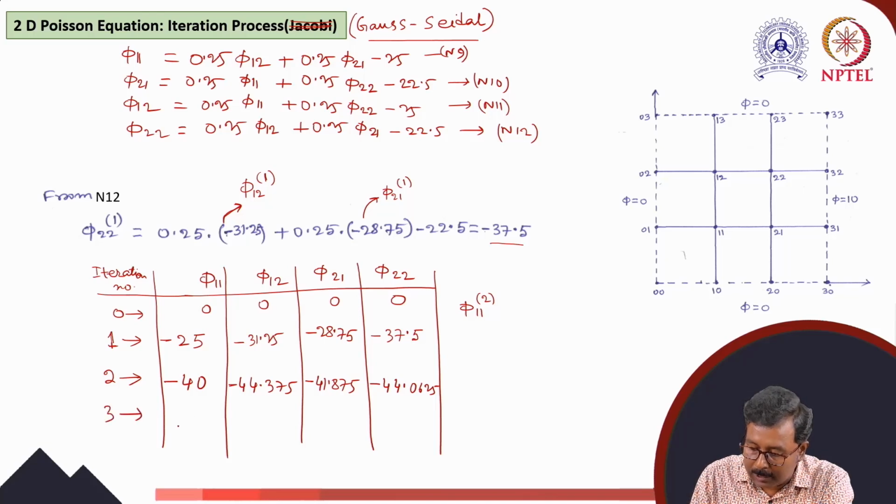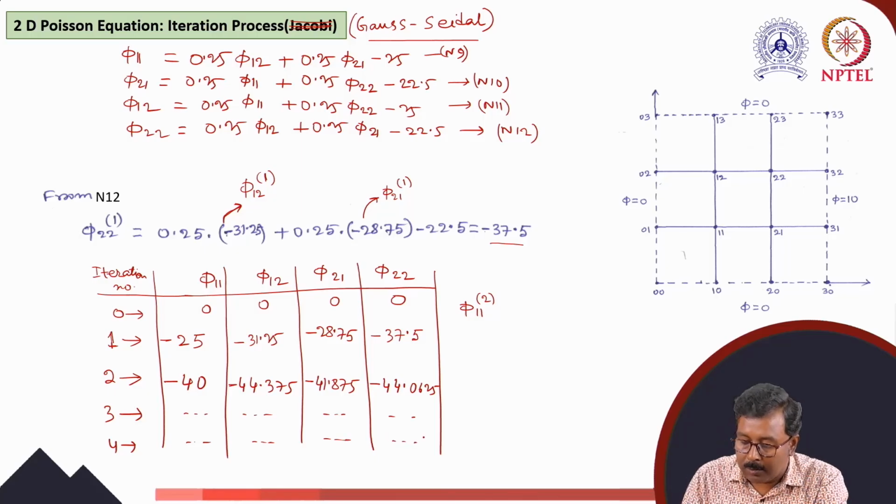In the third and fourth iterations, you have to continue and observe the difference between these two values. Here also you observe that from 0 to 25, the difference reduces from 25 to 40 here. The big difference from the initial step is coming low for all values.